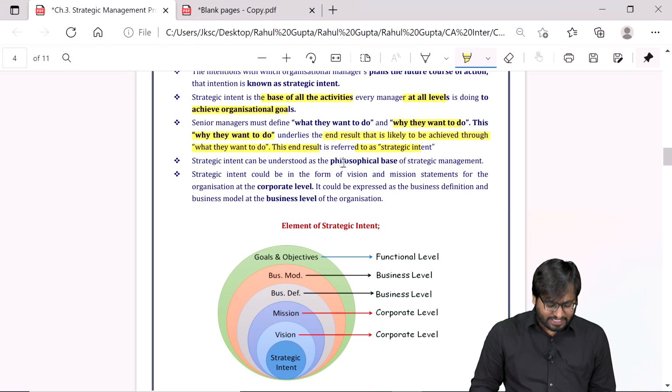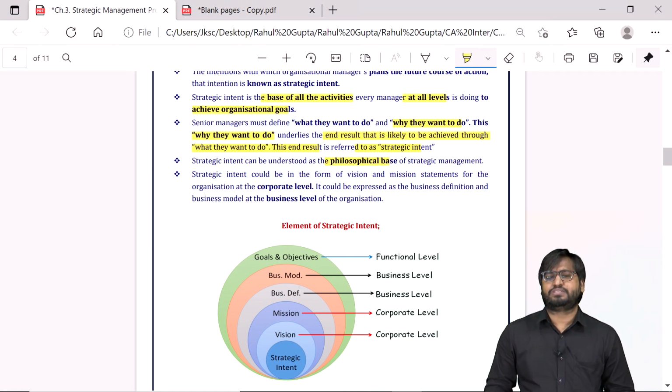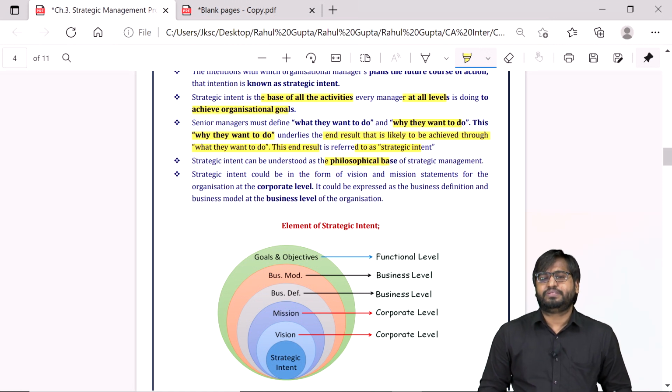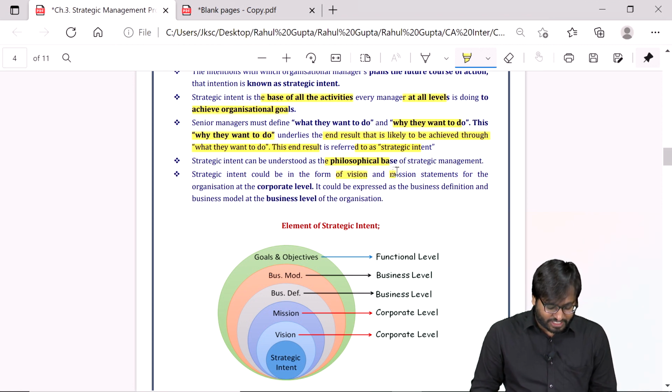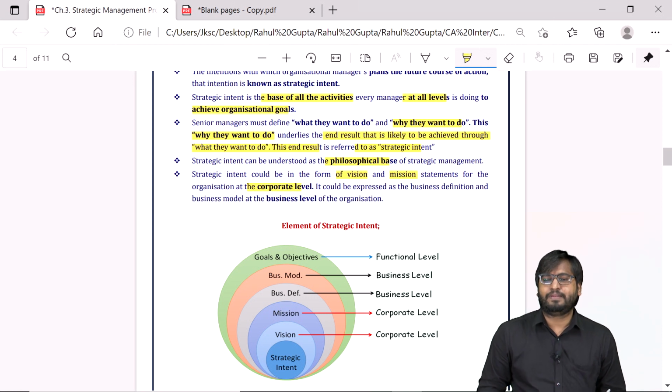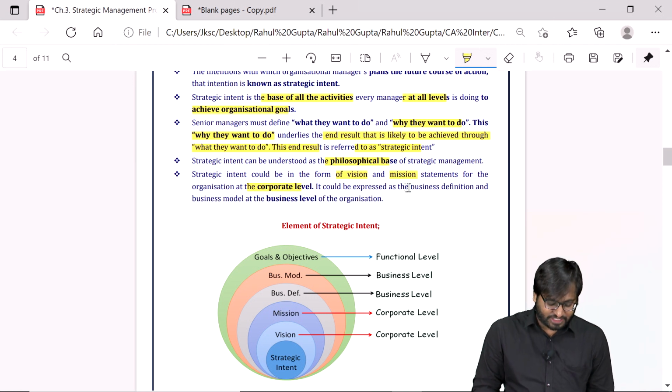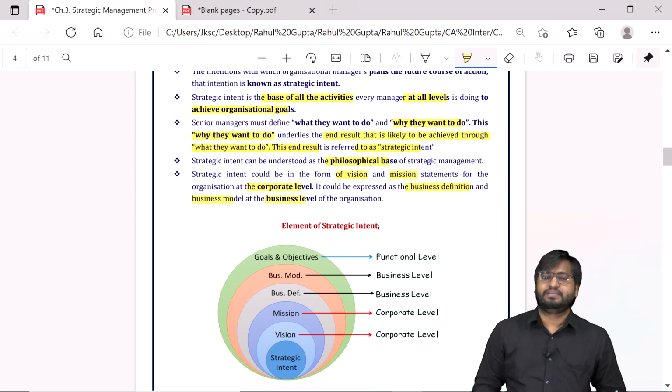Strategic intent is understood as the philosophical base of strategic management. Strategic intent could be in the form of vision and mission, which is formed at the corporate level. It is expressed in terms of business definition and business model, which is expressed at the business level.